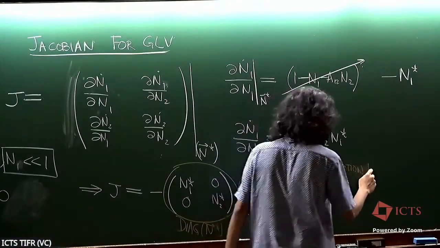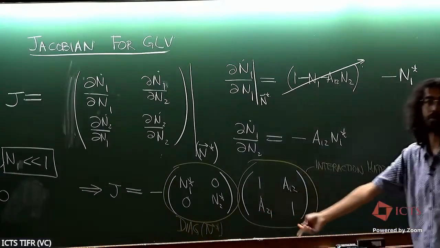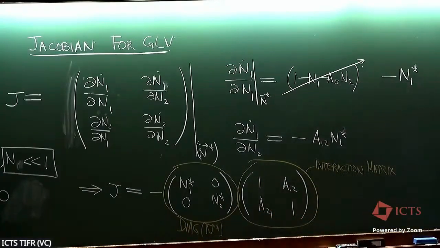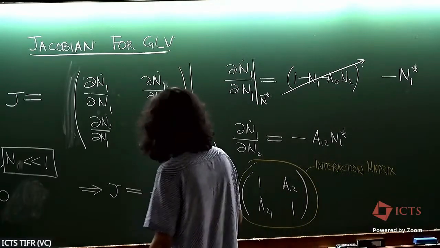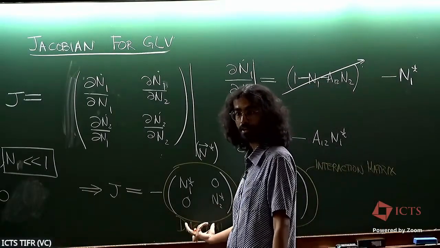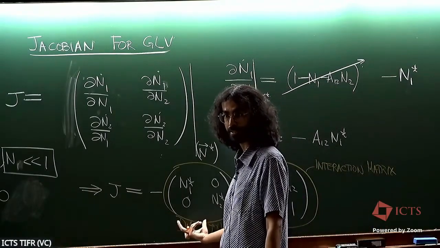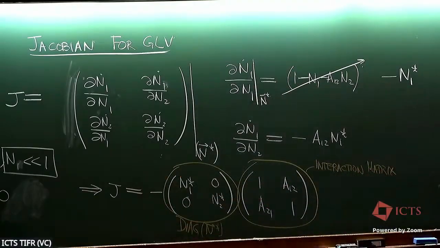So you can see that the interaction matrix is a really important part of the Jacobian, and it really determines the stability. The Jacobian is not exactly the interaction matrix. It has this bit over here, which is a diagonal bit which contains the fixed points themselves. But in general, this is the Jacobian for the Lotka-Volterra model at any fixed point.